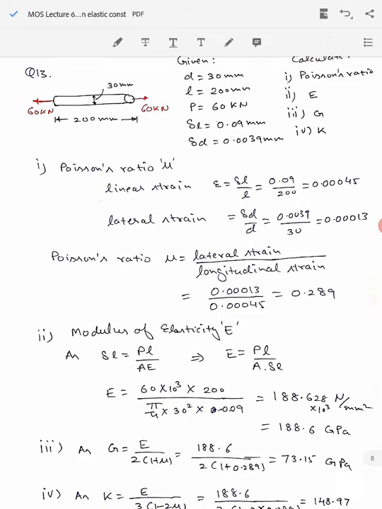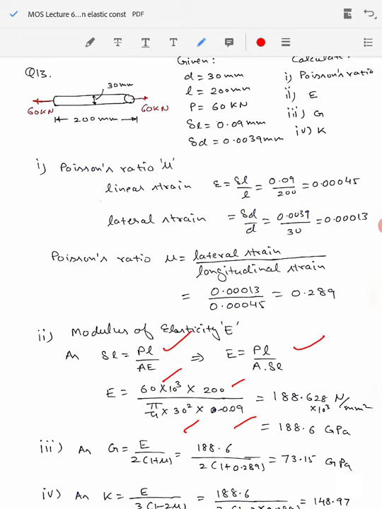Now let's calculate the modulus of elasticity. In order to calculate the modulus of elasticity, let's use our old relation that we first derived, that is delta L is equal to PL divided by AE. So modulus of elasticity can be expressed in terms of the applied load, the change in length and the original length and the area as PL divided by A times delta L. So we have the load value here 60 kilonewton, length value is 200 millimeter, diameter is 30 millimeter, so that's why the area is pi by 4 d square, with d as 30, and you have the change in length as 0.09 millimeter.